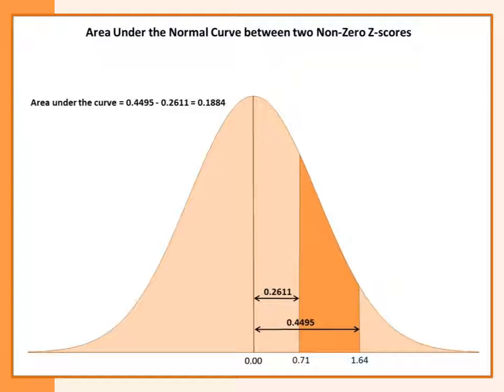So what we need to do in this case is take the larger area of 0.4495, subtract from that the smaller area of 0.2611, and we see what is left of 0.1884 is the area that falls between these two positive z-score values. So about 18.8% of the curve falls between a positive 0.71 z-score and a positive 1.64 z-score.